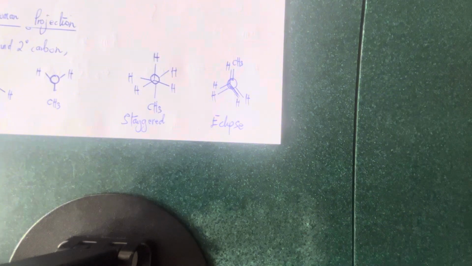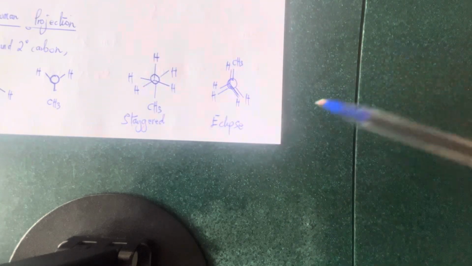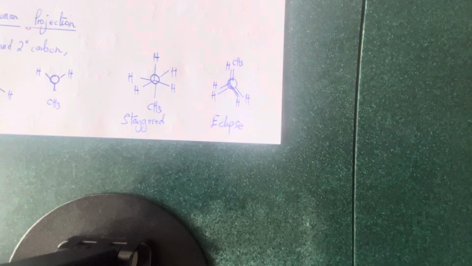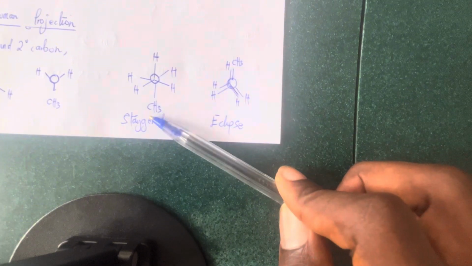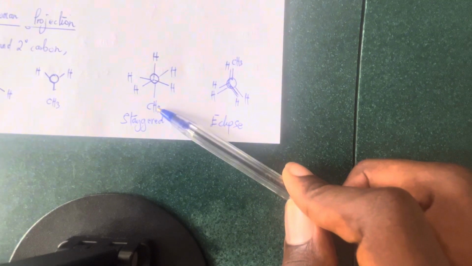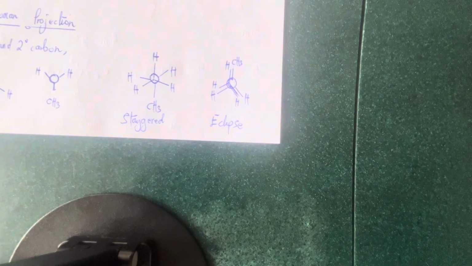If they are overlapping, they are close to each other, so there will be repulsion. If a compound is formed with a mixture of staggered and eclipse conformers, it is very, very possible that about 99.9% of the molecules formed will be the staggered conformer as compared to the eclipse conformer. Okay, so now let's move.